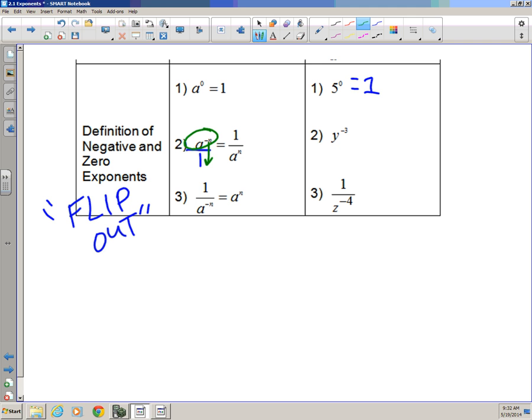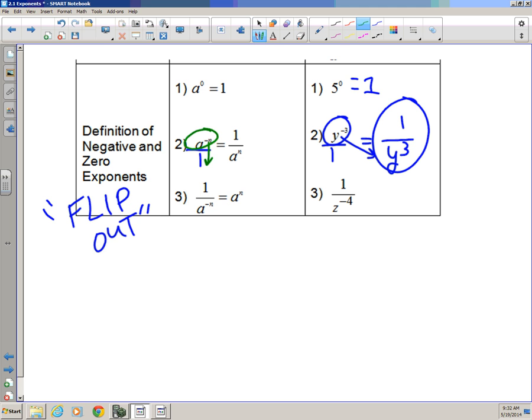And once I flip it, my negative exponent turns into a positive exponent. So here I've got y to the negative third up top. To make it positive, I bring it to the bottom. It's like the reciprocal. So you're really just finding reciprocals.